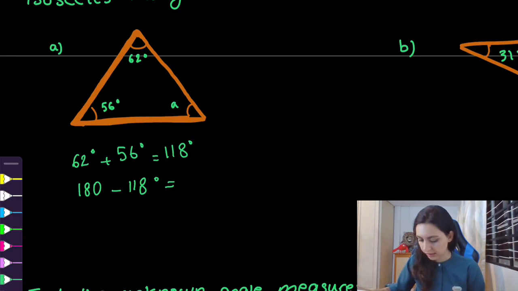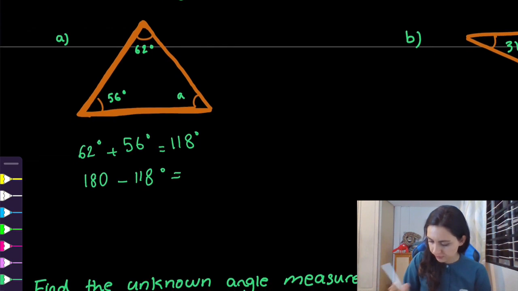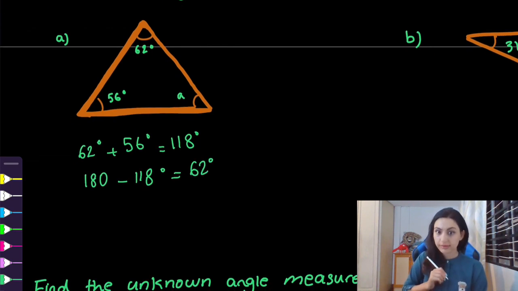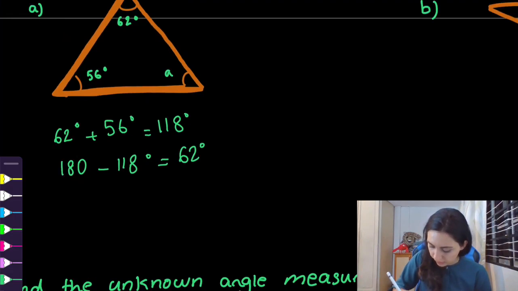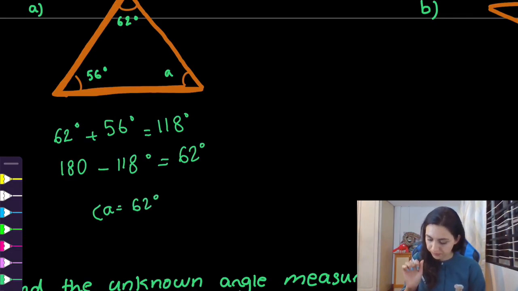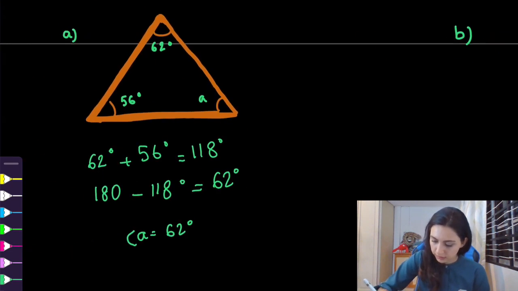So 180 minus 118, we get 62 degrees. Okay, 62. So angle A is 62 degrees. Two angles are the same, A and this angle, both 62 degrees.